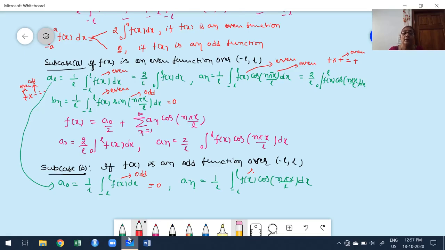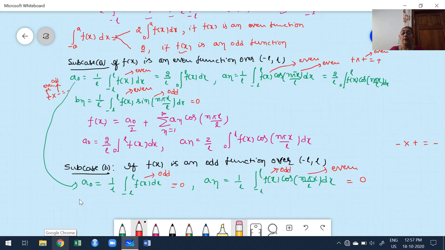It's odd, but cosine functions are even. Product of minus into plus is minus, therefore this is an odd function. From the definite integral property, the value of this integral is 0.